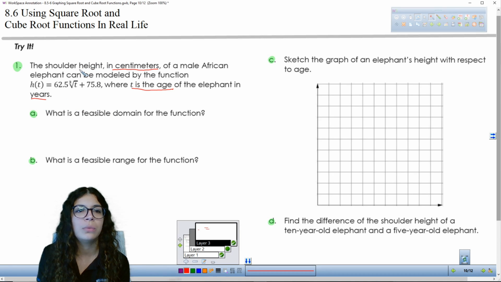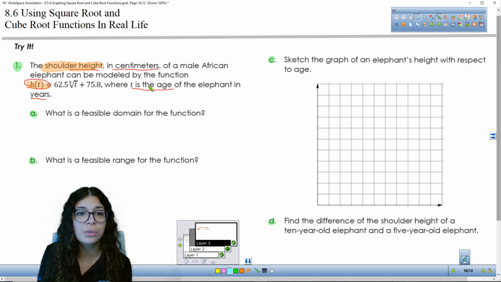So the shoulder height can be modeled by this function. So the shoulder height is h of t, and the age is t.